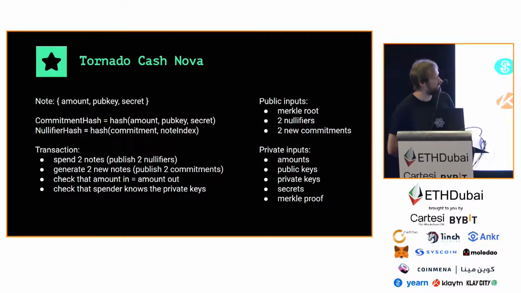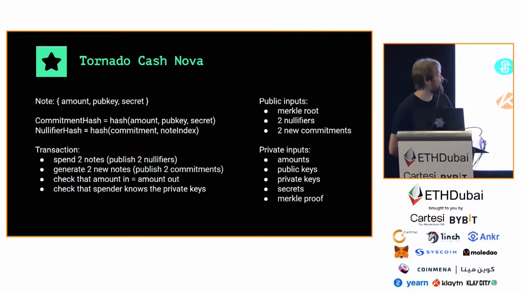If you hash all those three numbers, you get the commitment that is inserted in the tree when the note is generated. And there is also a nullifier hash that is computed a little bit differently, but the same concept is important, that it is somehow linked to your note.